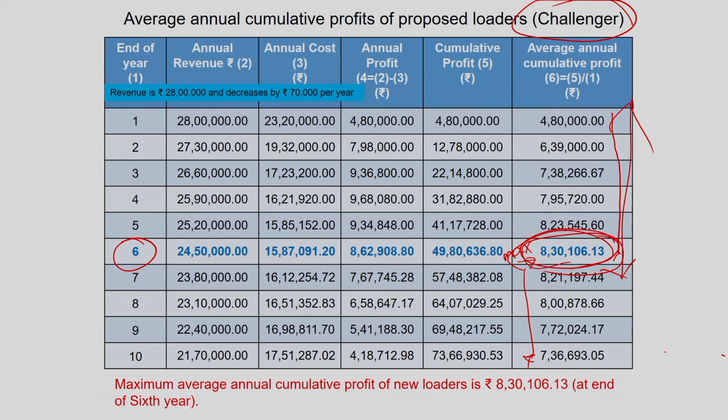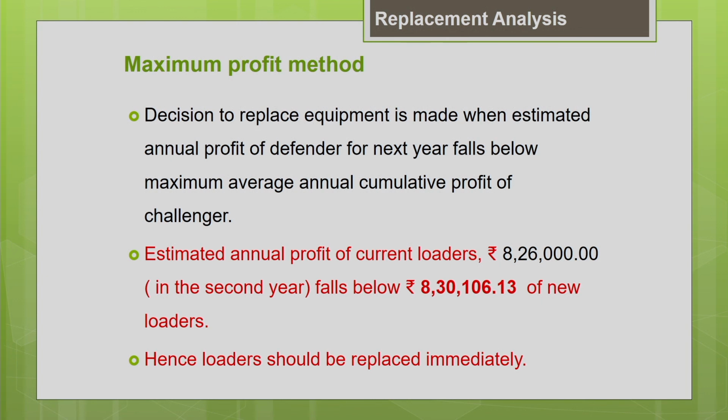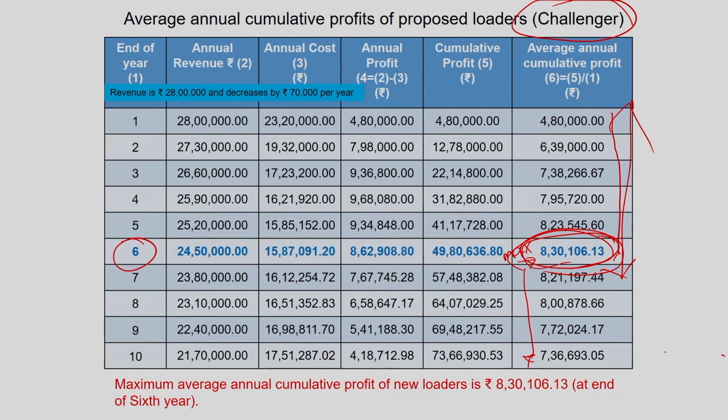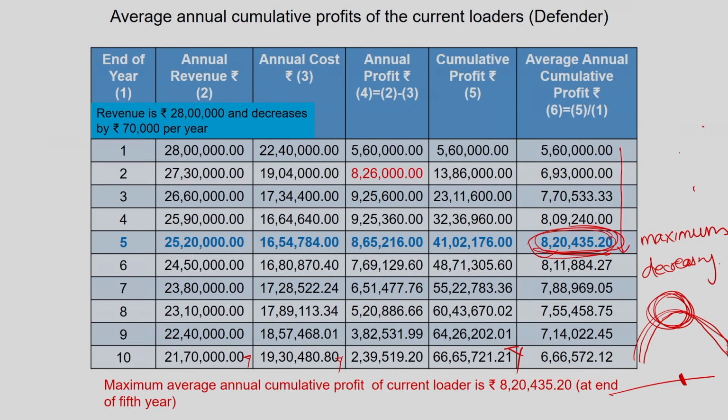When to replace, we will go by the guidelines of Dr. James Douglas. The decision to replace the equipment is made when the estimated annual profit of the Defender for the next year falls below the maximum average annual cumulative profit of the challenger. So we are going to calculate the estimated annual profit of the Defender for the next year.